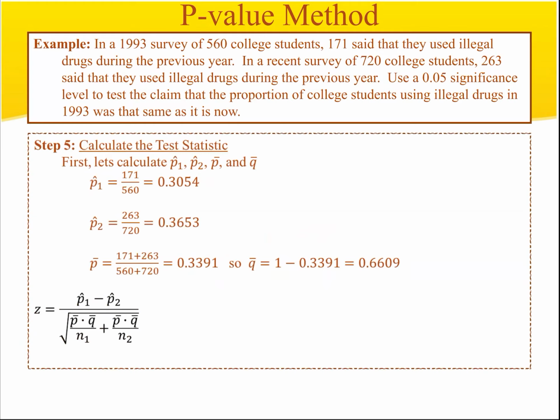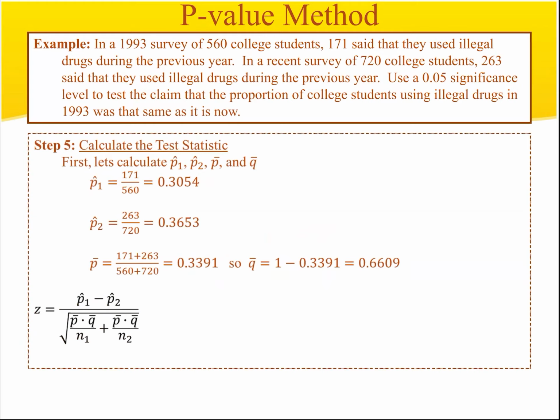All right, let's calculate that test statistic. Using our formula in black down there for the test statistic, P1 hat is the 171 over 560 from 1993. P2 hat is the 263 out of 720 from recent years.